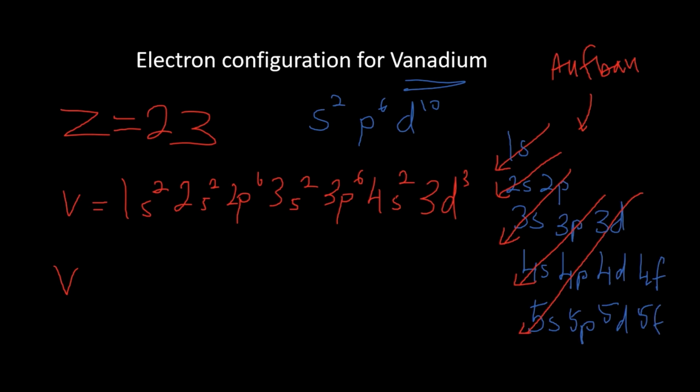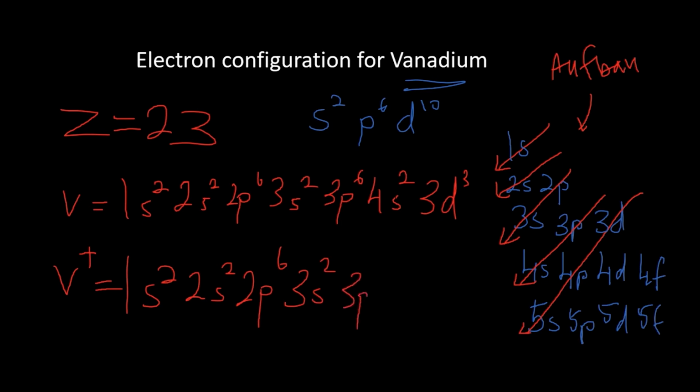Let's say we have a positive ion, vanadium plus. That means a similar thing: 1s2, 2s2, 2p6, no big deal, 3s2, and 3p6. But here's the trick: for transition elements, 4s always loses electrons first, on the biggest energy level, so the 4.